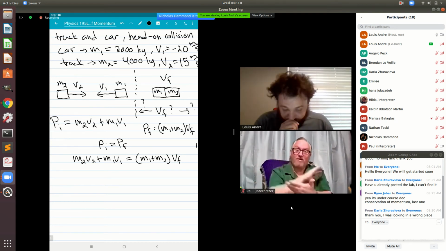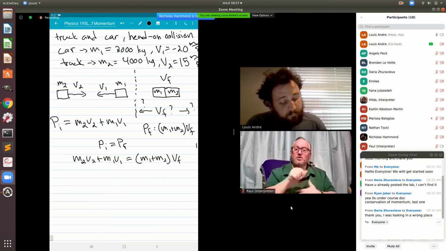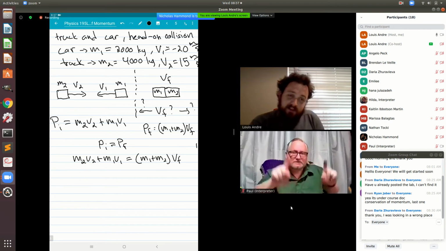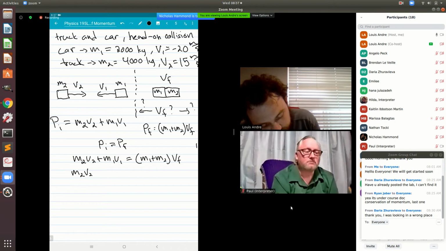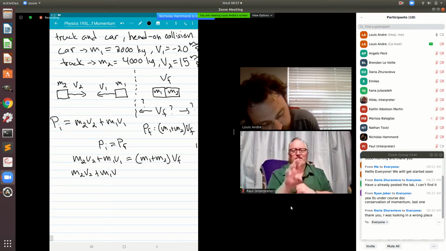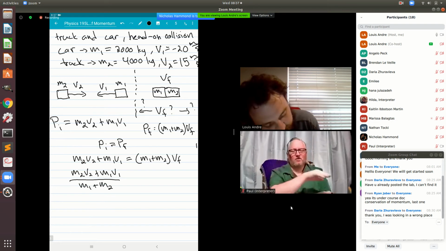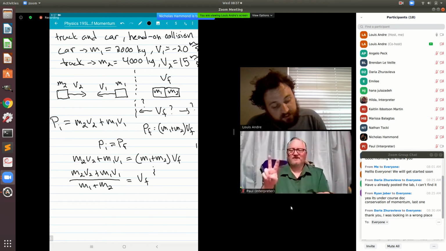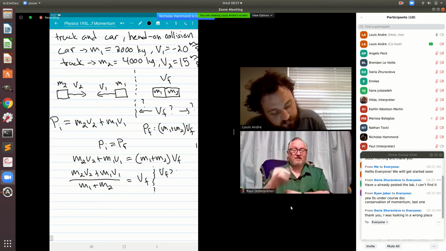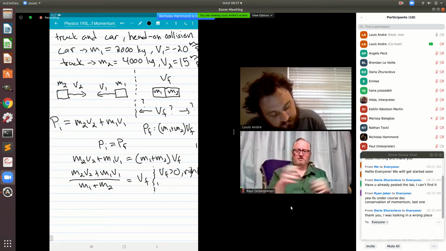So, okay. I want to find my final velocity, so I'm going to divide that sum over. So I have M2 V2 plus M1 V1 all over M1 plus M2, and that's going to equal V final. Note that if V final is greater than 0, that's to the right, and if V final is less than 0, that's left.